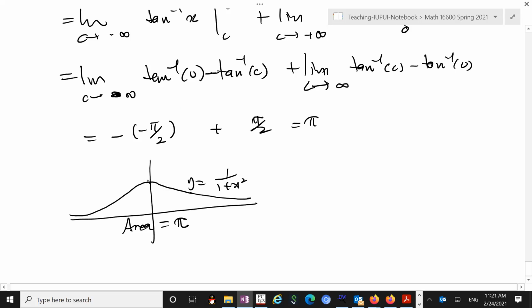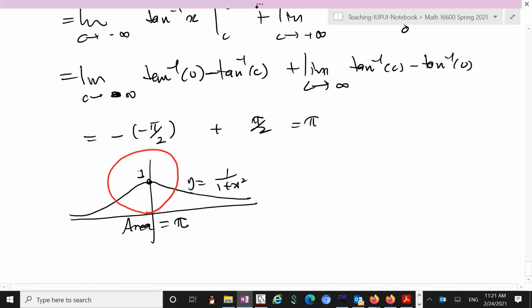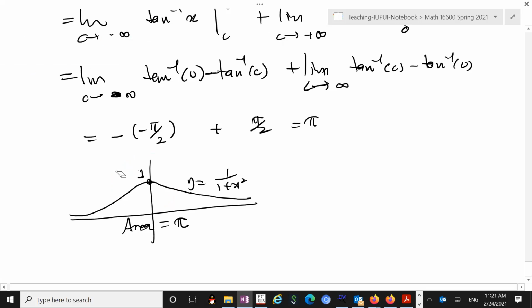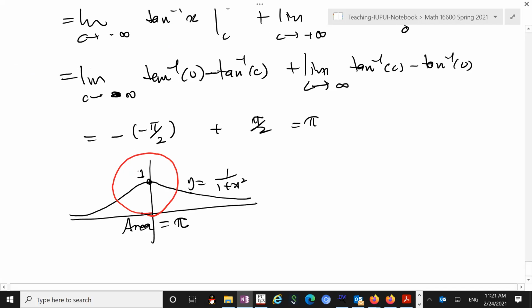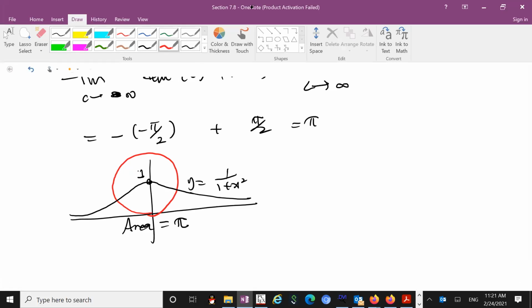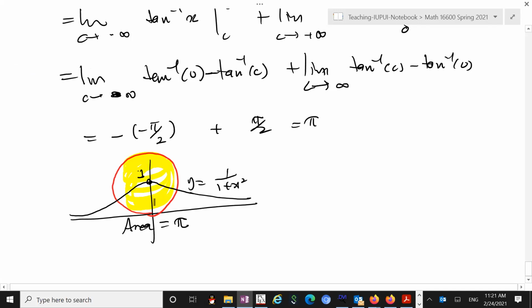When x equals 0, this is a 1. Now, this is the same as the area of the circle with radius 1. Oh, I didn't draw the circle. Let me try again. So this circle has the same area. We proved that in mathematics.